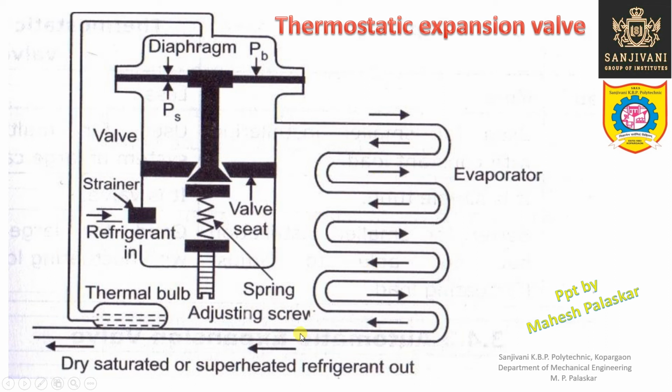Now the other end of the evaporator, from the outer side, is connected to a thermal bulb, right? In this thermal bulb the same refrigerant which is flowing through the evaporator is present, and this thermal bulb is connected to the thermostatic expansion valve from the top side of the diaphragm through a capillary tube.